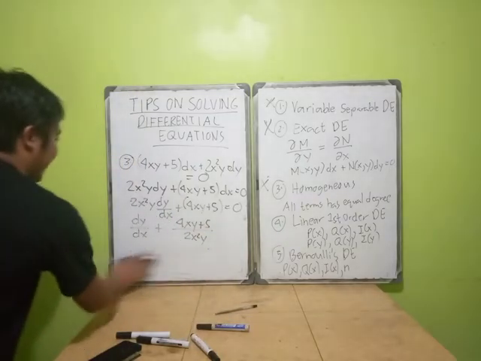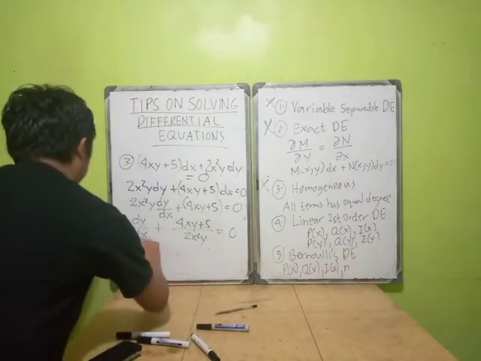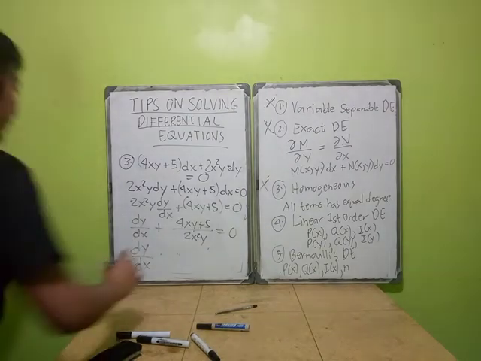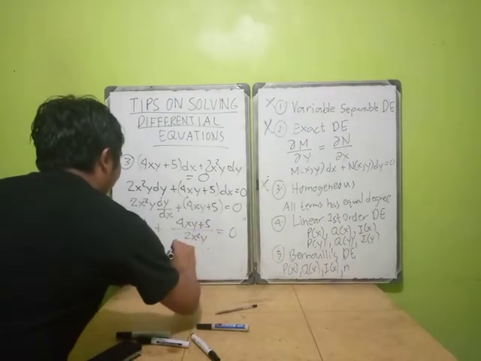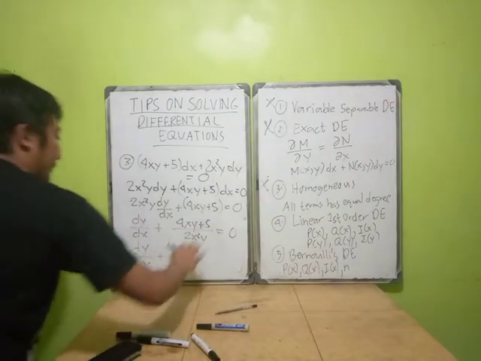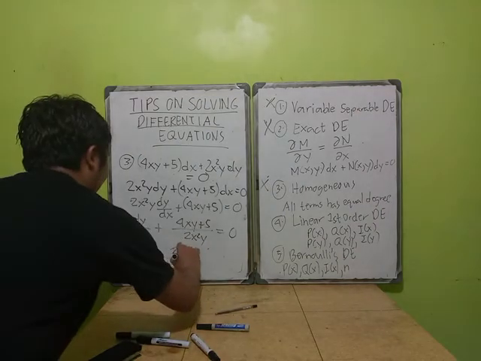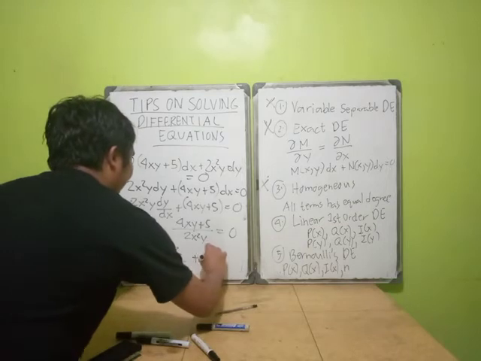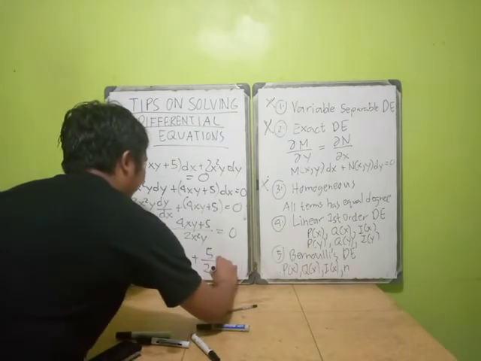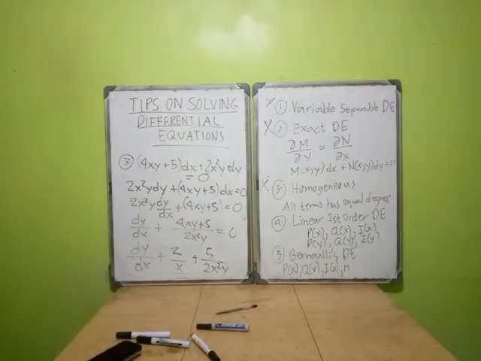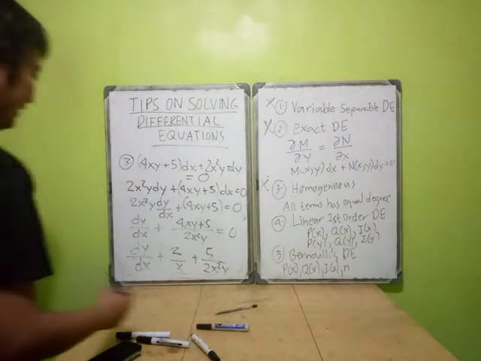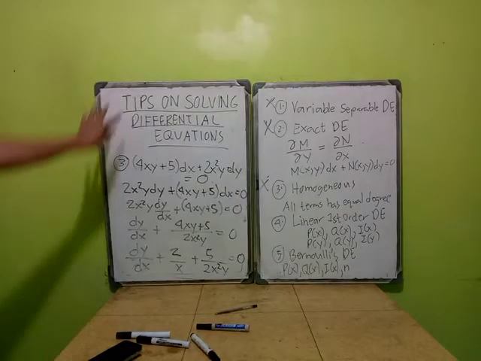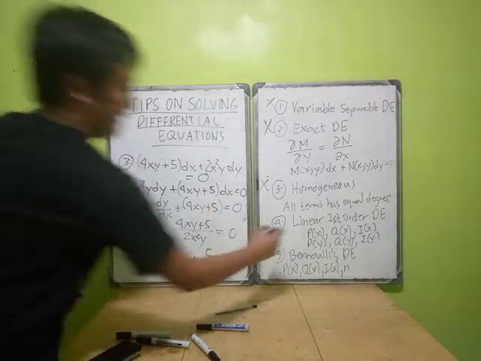So, anong magiging resulta niyan? 4xy over 2x squared y, matanggal si x. So, magiging 2 over x siya plus 5 over 2x squared y. Hindi. Hindi siya pwede dito.